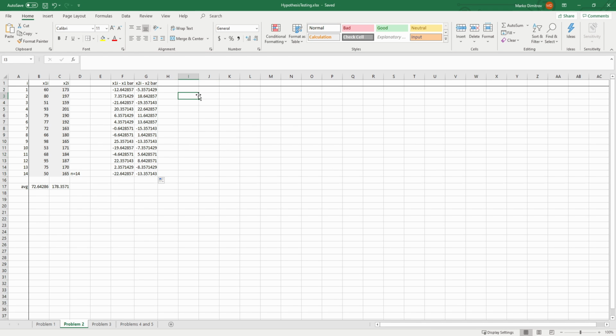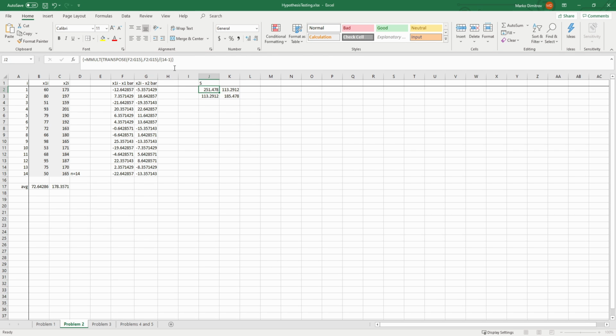And now to obtain our S, we need to multiply, just as from the previous class, the transposed matrix, this one transposed, with this one, divided by 14 minus 1. So we get our covariance matrix.